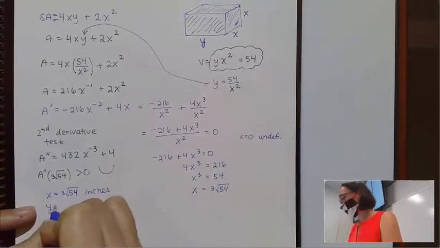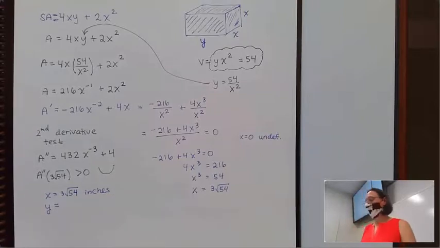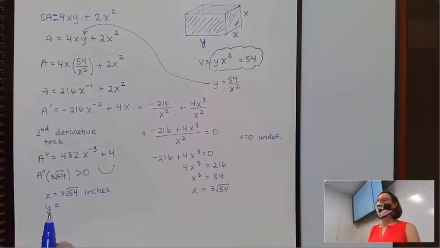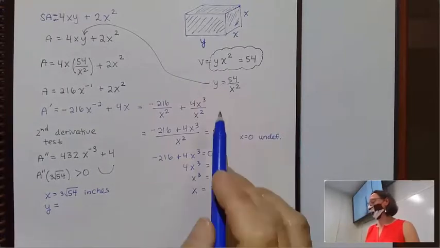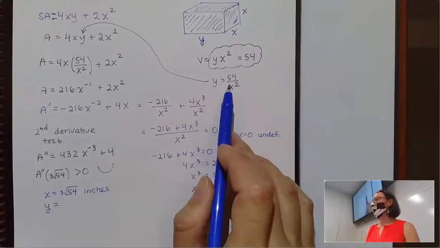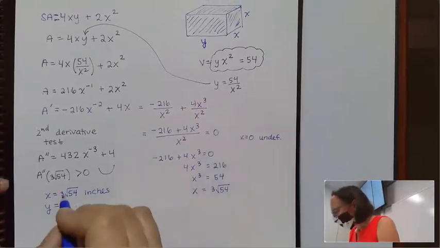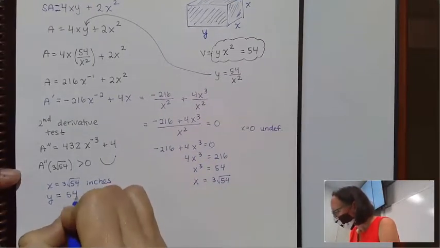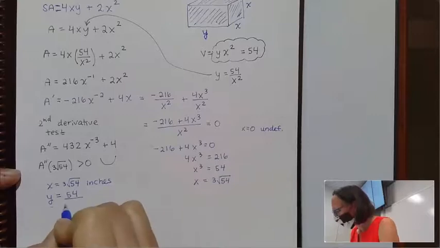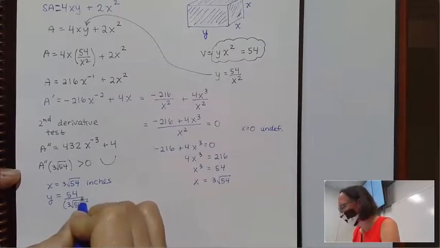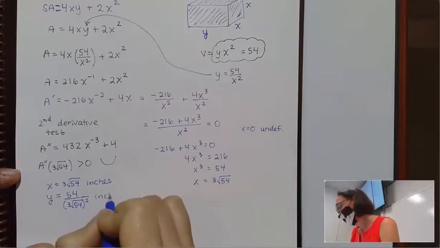And y, I'm not going to bother simplifying it, but if I want to know what y equals, I'm going to look for an equation that I already solved to say y equals. And plug it in. So 54 divided by the cube root of 54, whole thing squared, inches.